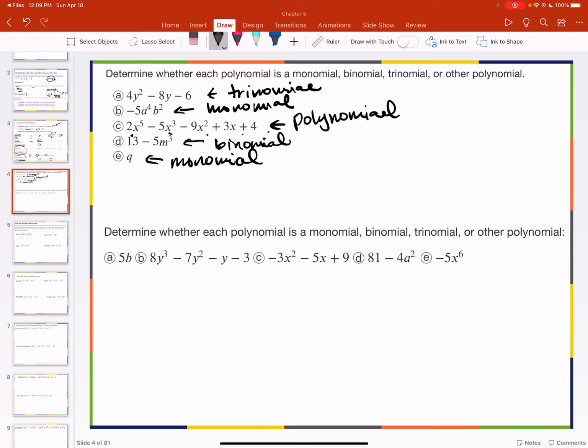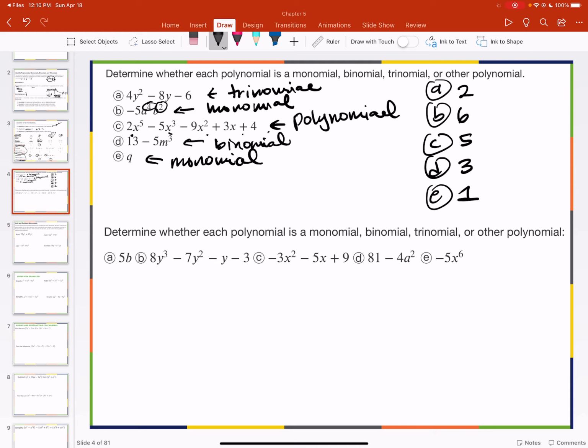If we wanted to say the degrees, just for funsies, A is degree 2, B is degree 6, right? Because 4 plus 2. C is degree 5. D would be a binomial of degree 3, or of 3rd degree. And then E would be a monomial of the 1st degree, or degree 1.